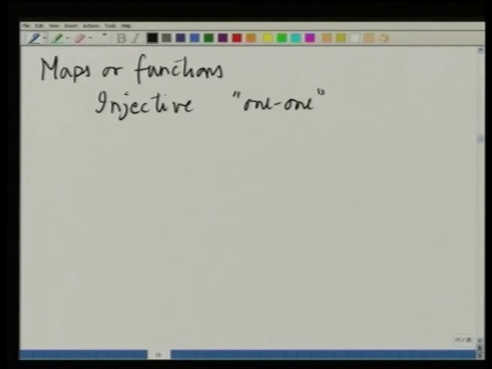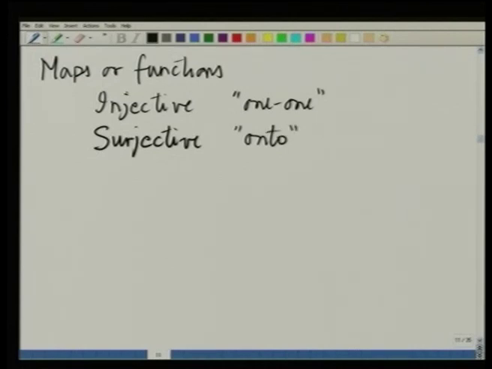I will describe exactly what this means in a moment. They can also be surjective, that is the common word for it is onto.